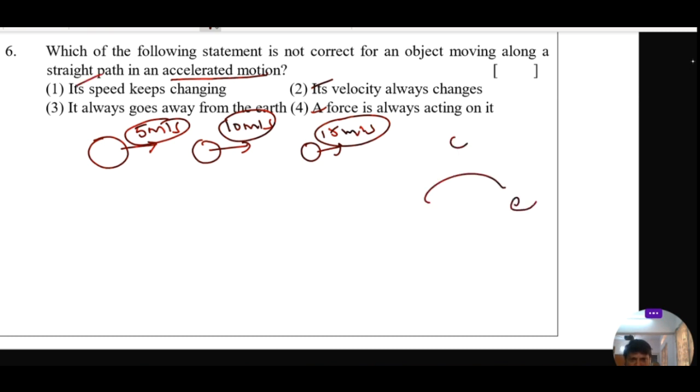No. Suppose the object is moving towards the center of the earth also, its speed increases because initially its speed is 0, but due to gravitational force of earth, its speed increases. Its speed increases means it is an accelerated motion. So option 3 is the wrong answer because it always goes away. No, if it goes towards the center of the earth also, it is possible. So option 3 is the wrong answer. Next, seventh question.